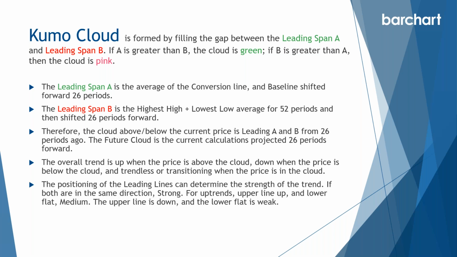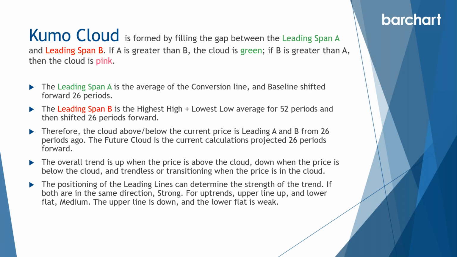Now, the positioning of these lines, leading span A and leading span B, can not only help us discern the sentiment of the market, but also the trend strength from the action that we're going to see from these leading lines. So, for instance, if they're both moving in the same direction in concert with our trend, then that would be an indication of a strong trend.